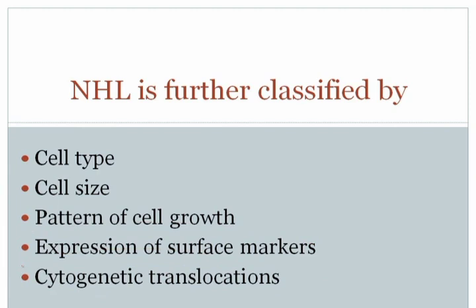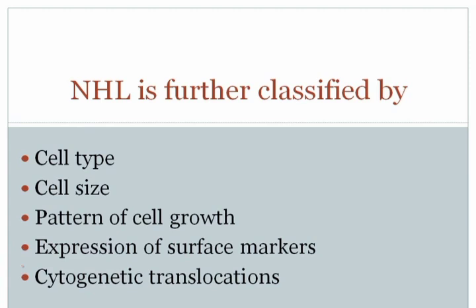Now classically, when you think about non-Hodgkin's lymphoma, there have been multiple classification schemes, and I don't want to go into the nitty-gritty details, but I'll just simply tell you that I think about it in a rather simplistic manner. It's probably not the most accurate way if you were a hematopathologist or a hematologist, but I do think that it is an easy way to understand a very difficult concept.